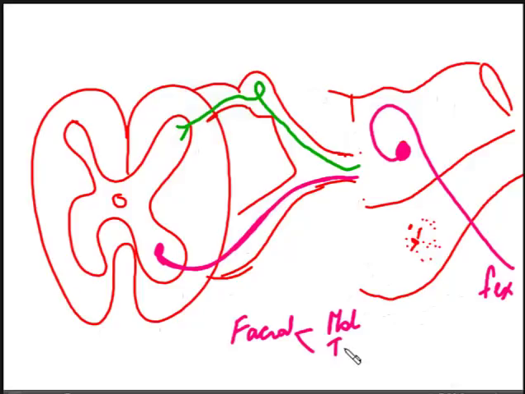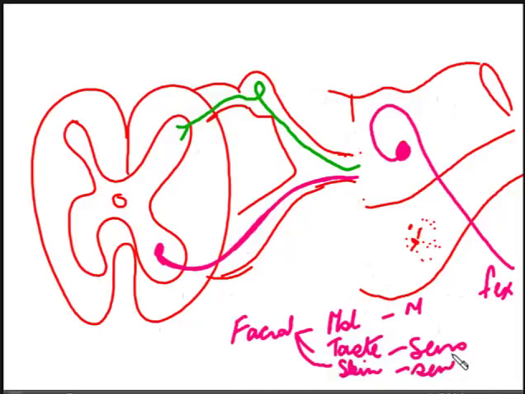It carries taste fibers, which are part of the tractus solitarius. So this is a sensation. This is of course motor. It carries impulses from the posterior part of the ear, so from the skin of the ear. So that again, it's a very small region, so that's also a sensory area of supply.